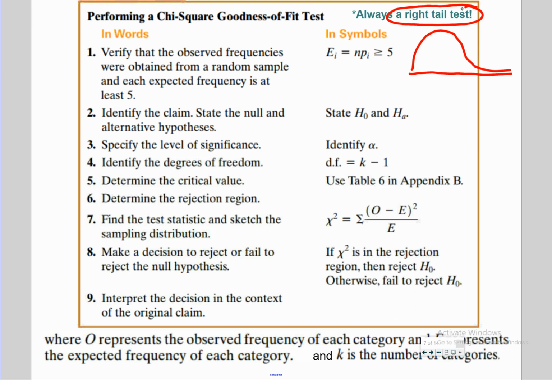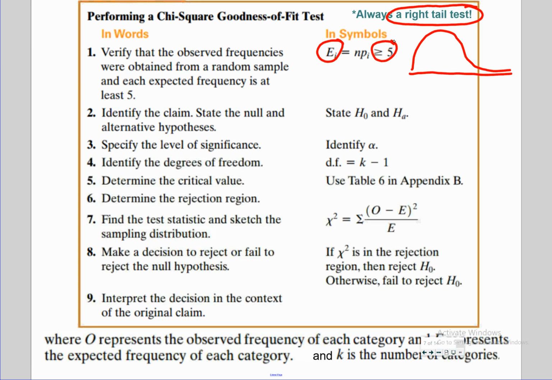We also don't have to worry about those two conditions we talked about a lot, a sample size of at least 30 or normally distributed. Instead, the thing that we check, and it's kind of within the work that we do, is that each expected frequency is greater than or equal to 5. As long as all of your E's that we just practiced calculating are greater than or equal to 5, you can do this test.